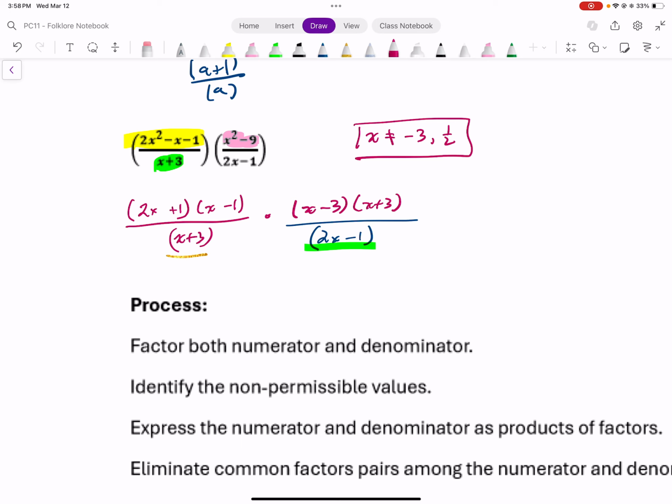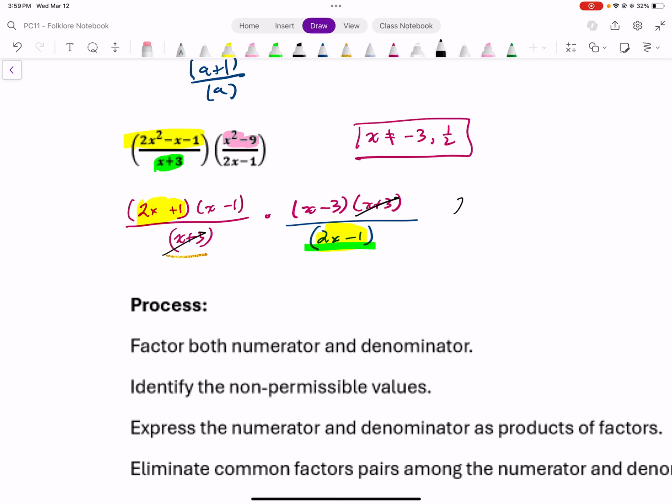And now I'm just going to cancel out factor pairs. So x plus 3 cancels out with x plus 3. Believe it or not, those are the only pairs that are common. 2x plus 1 is a different factor than 2x minus 1, so those don't cancel out.